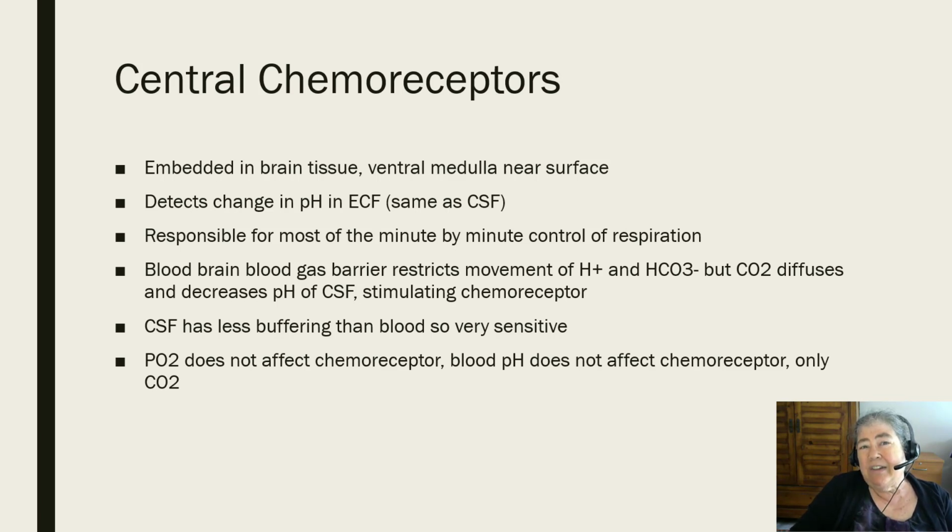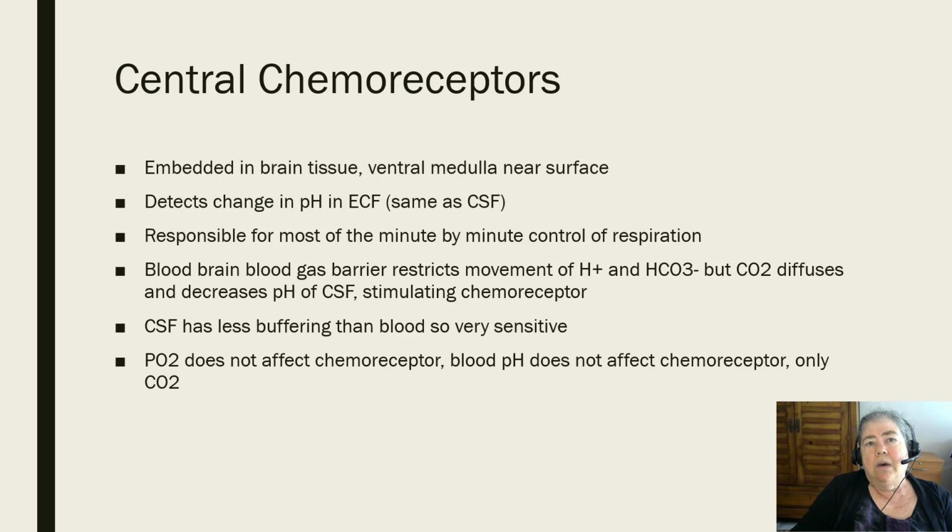But the CO2 does. And if you remember, CO2 dissolved in water makes carbonic acid, H2CO3, which then dissociates into hydrogen ions and bicarb in the brain's extracellular fluid, interstitial fluid, CSF.